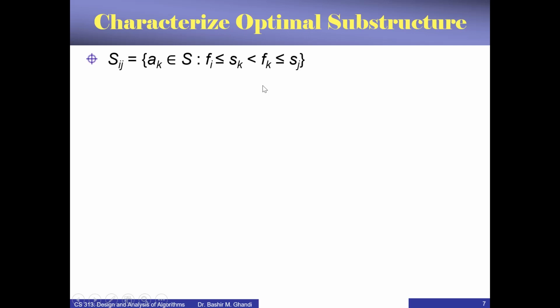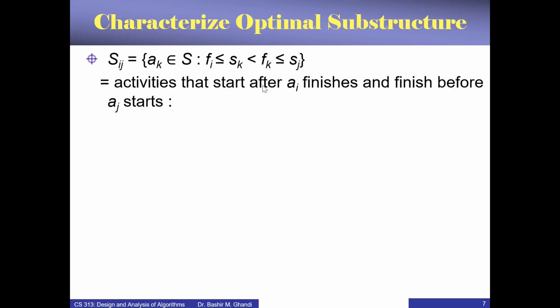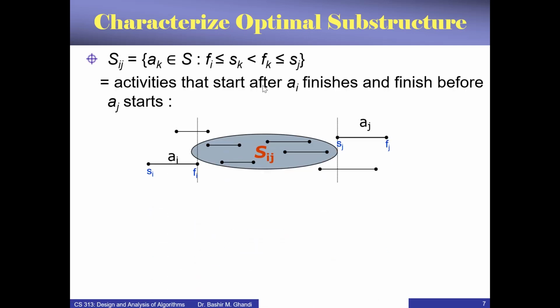It's better to show this diagrammatically, so let us show what we mean. So here is our set of activities S, all the activities. Now a subset Sij is the set of all activities whose starting time is after the finishing time of AI.